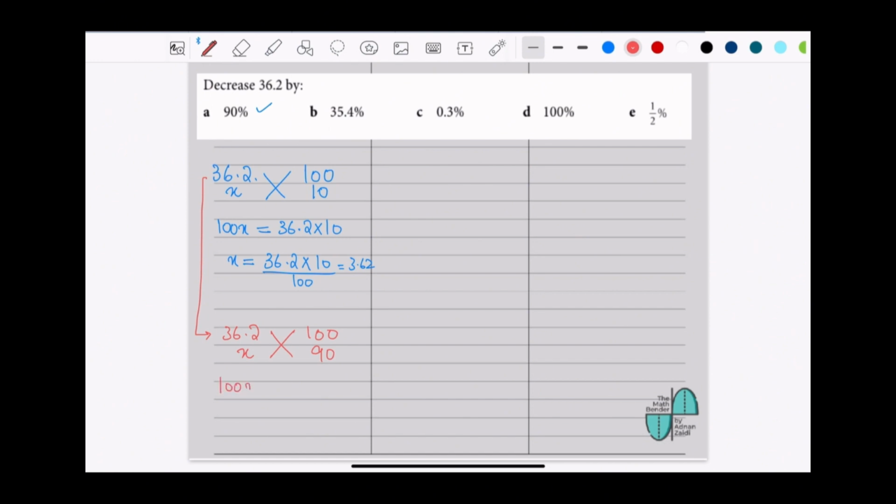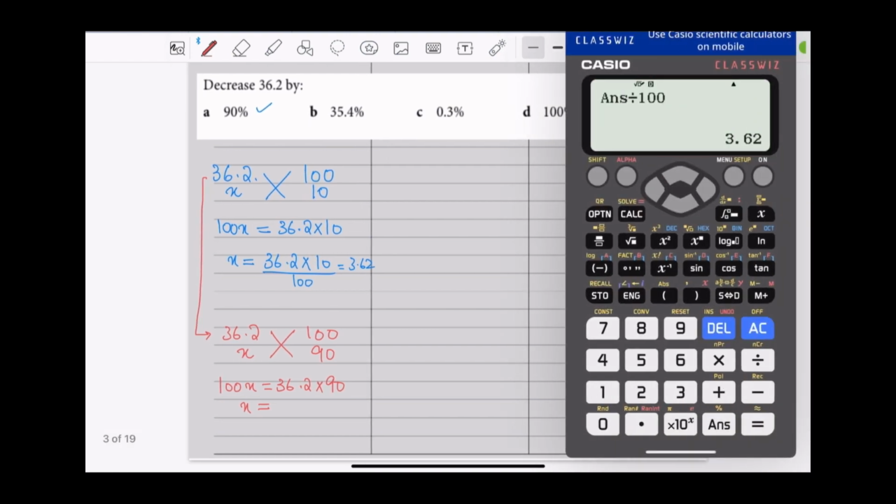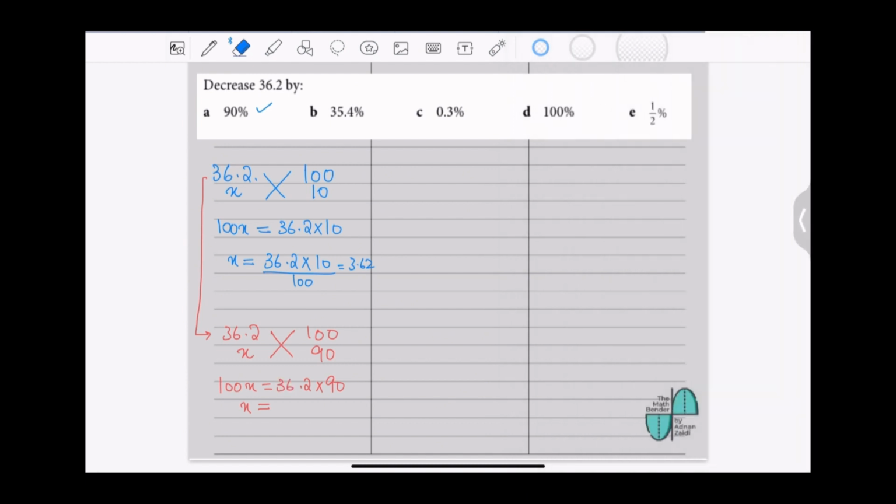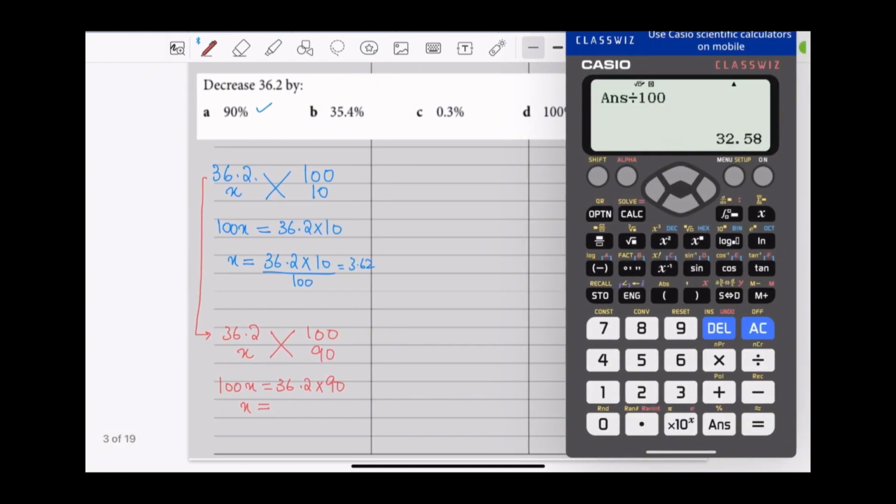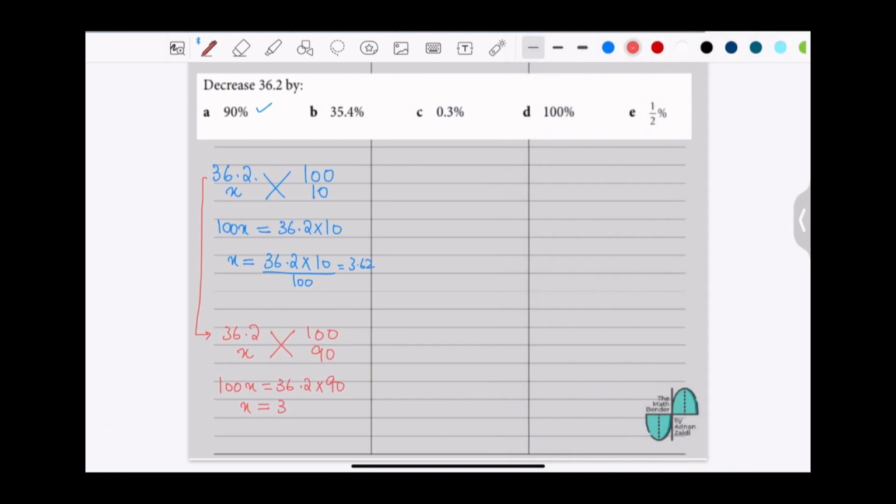So 100x is equal to 36.2 times 90, and x is equal to 36.2 times 90 divided by 100, which gives you x is equal to 32.58. This is the decrease. You can try solving the rest of the other questions.